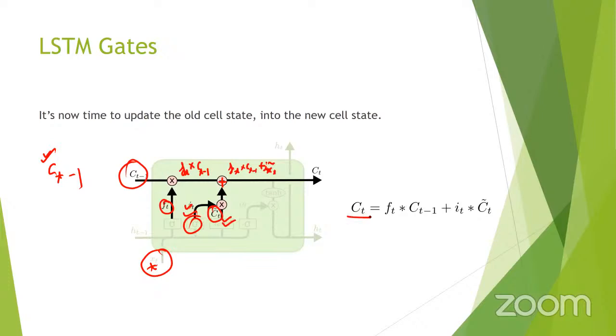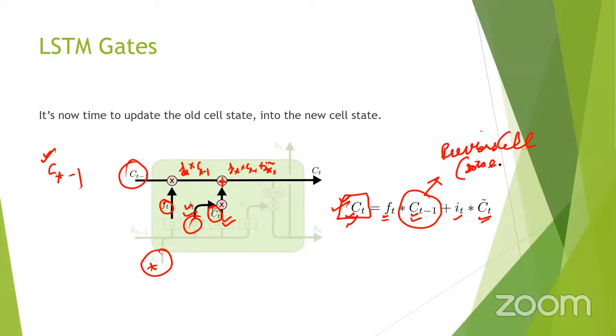So if you see, your new cell state will be equal to FT into CT minus 1 plus IT into C dash T. Your new cell state has some of the information, or data encoded, from previous time steps, right?